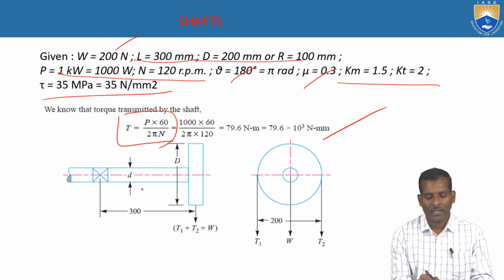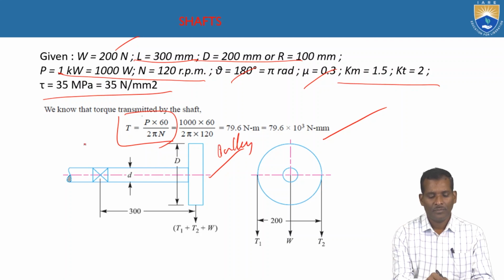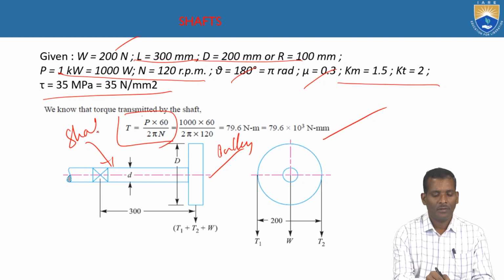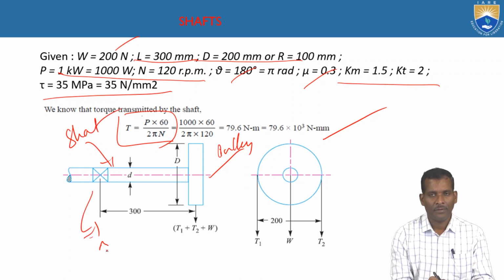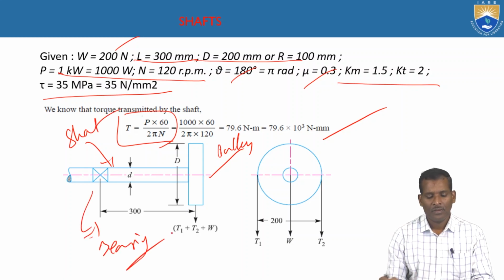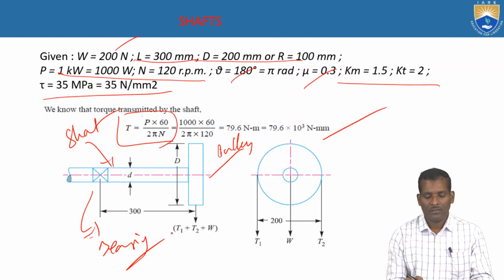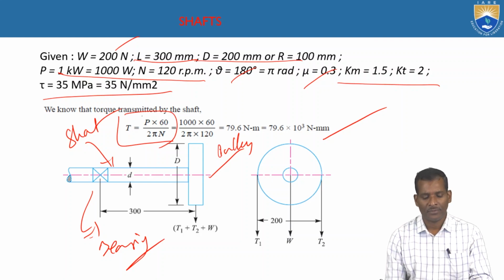So the belt, the shaft, this is a pulley and shaft bearing. So here belt pulley, their belt tensions are T1 and T2. So T1 is the tight side tension, T2 is the slack side tension.